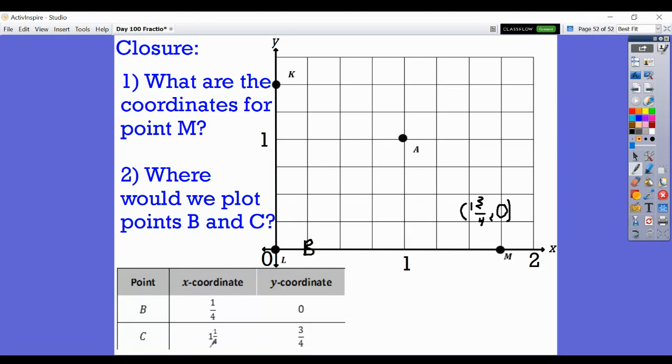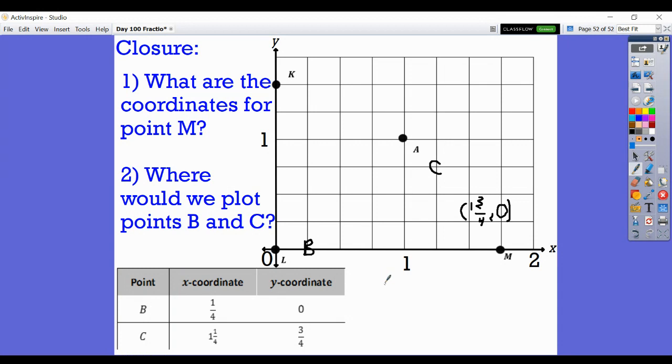And for C, again, 1/4 down the runway, 0 takeoff, so it's still running down the runway, just like B. For point C, it's 1 and 1/4, and 3/4, 1, 2, 3. So point C would be right here.